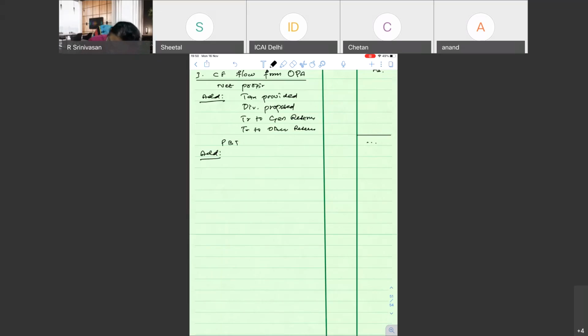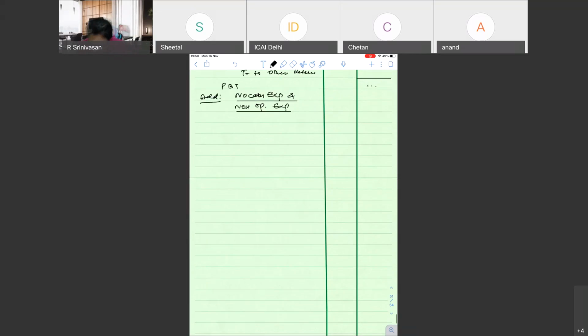Add non-cash expenses and non-operating expenses. The expenses which are related to other activities are not to be subtracted from the net profit. So whatever is subtracted, that is added back. Non-cash expenses and non-operating expenses, less non-operating incomes.